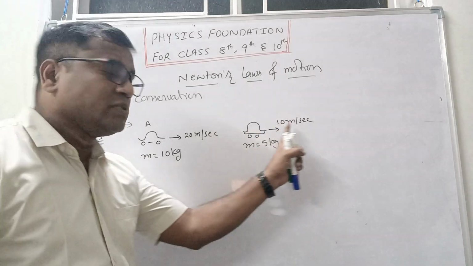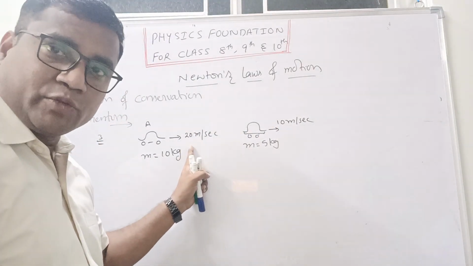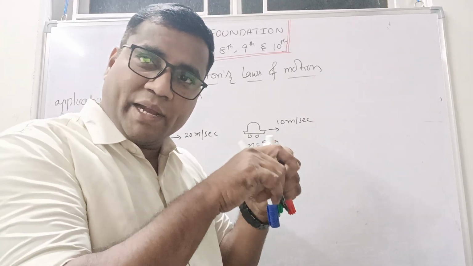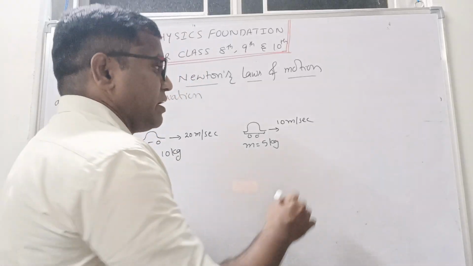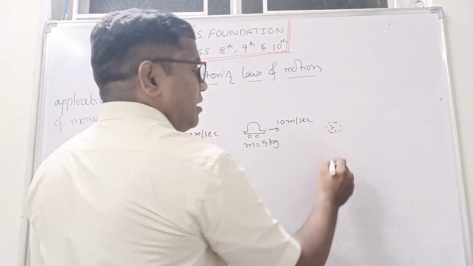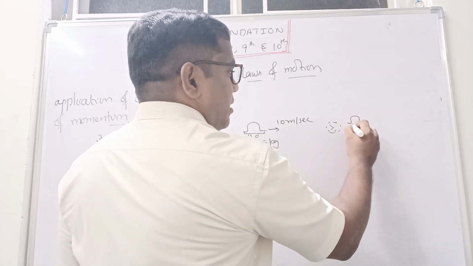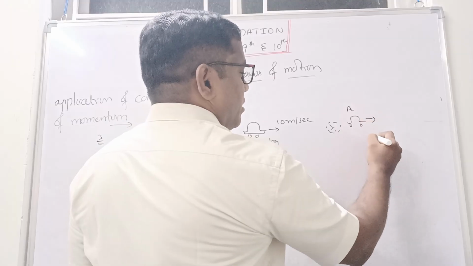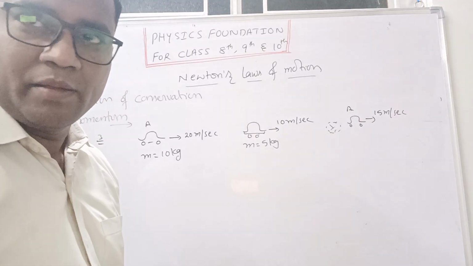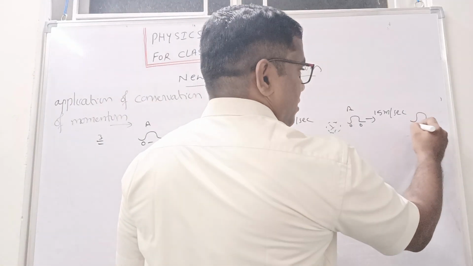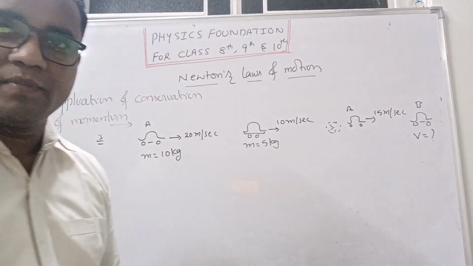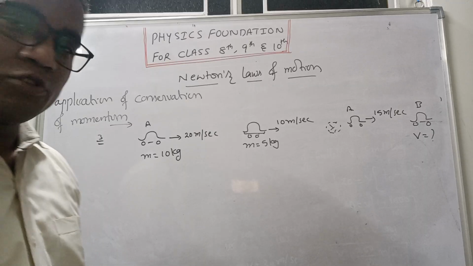Try to understand. One is moving with 10 and the other is moving with 20 on the same line. Then what will happen? Absolutely, they will collide. They will hit each other, right? So hitting takes place. Then after hitting, A is moving with 15 meter per second, and he will ask for B's velocity. Is the question clear?